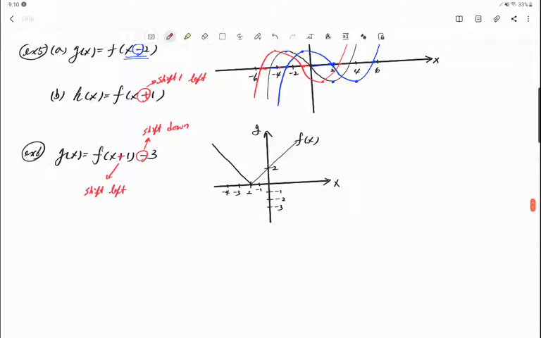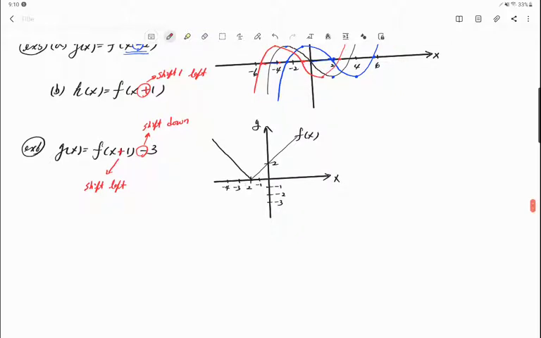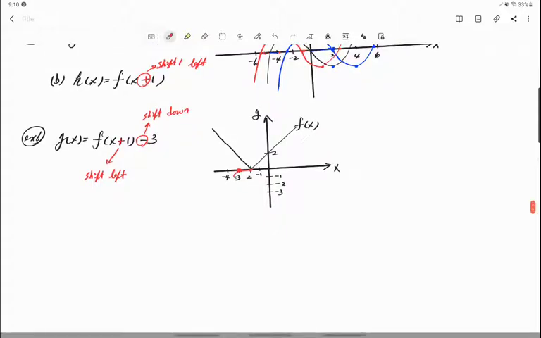So let's shift the graph of f of x 1 unit left. Okay, 1 unit left, so this point moves to here. And then move 3 units down. So I'm gonna move 1, 2, 3 units down, so it's over here, right? So the vertex is moved left and right.